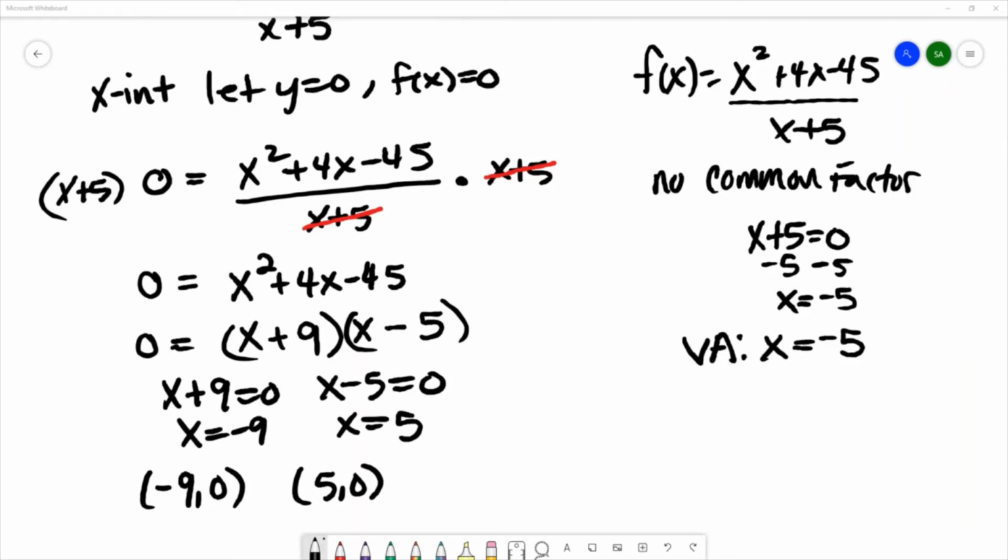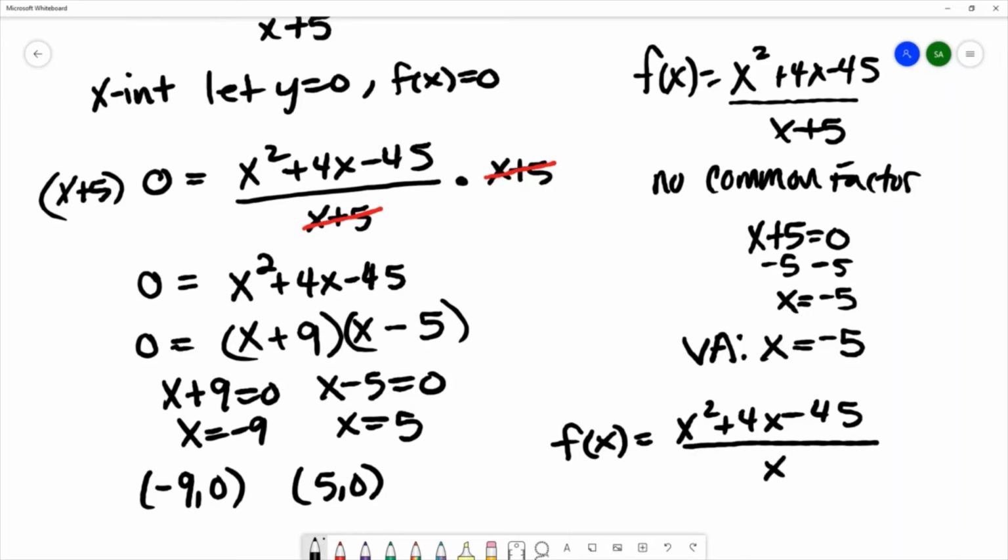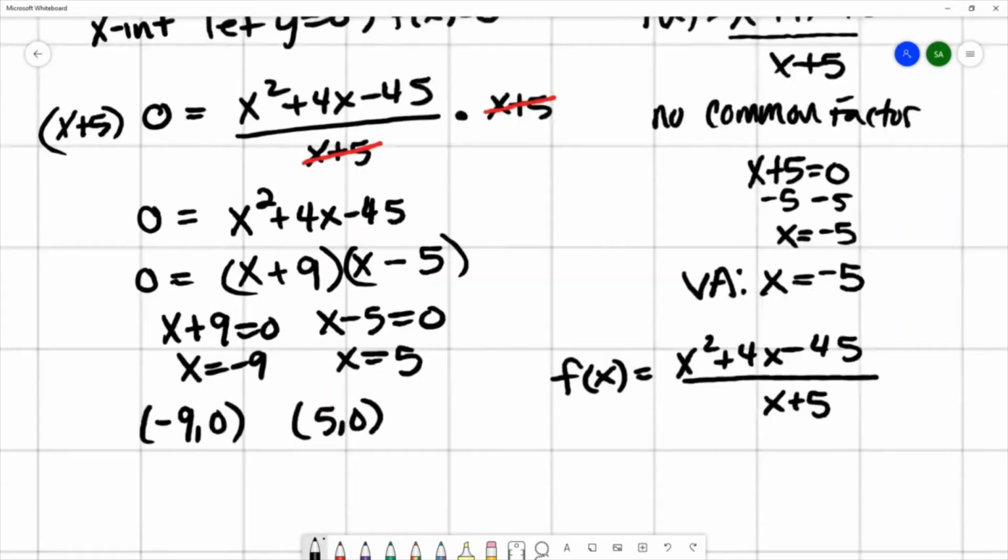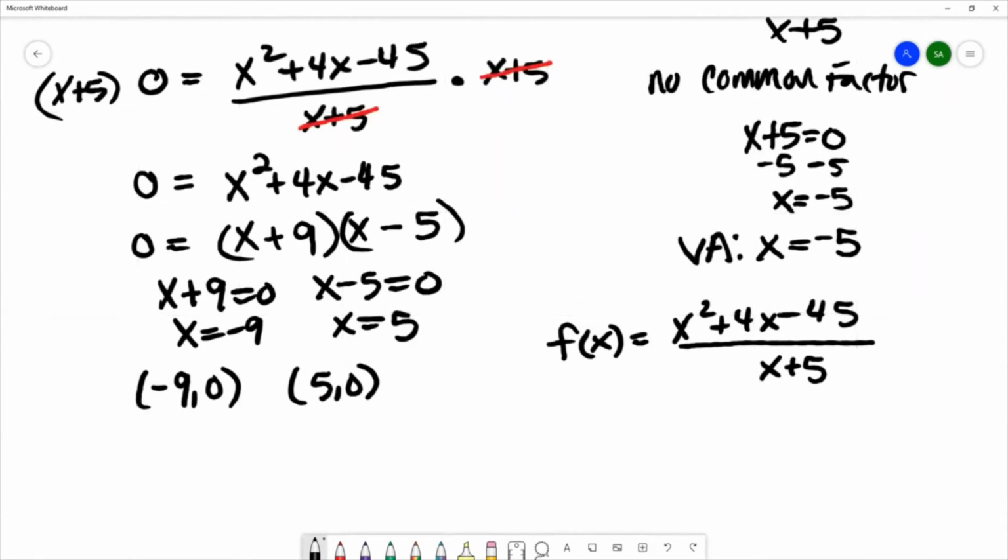Now we're going to look for horizontal asymptotes. Our function is f of x equals x squared plus 4x minus 45 over x plus 5. And we need to look at the degree of the numerator. The degree of the numerator is the highest power from the numerator, and that is 2.